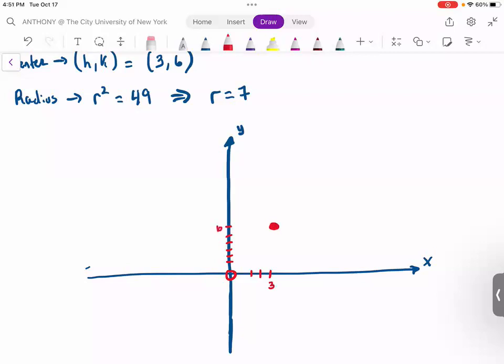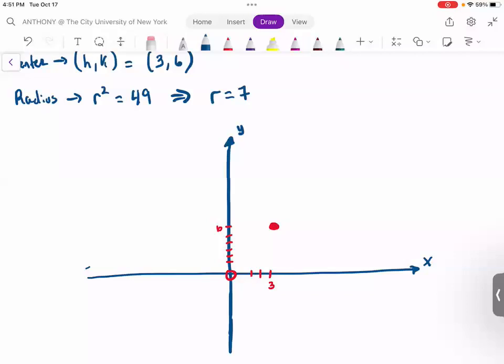Now you can use the radius as a guide to get some additional points on the circle. How's that done? Since the radius r is 7, by definition, the radius is the distance from the center to any point on the circle. So if I go 7 units up, 7 units down, 7 units to the right, and 7 units to the left, you get 4 points on the circle.